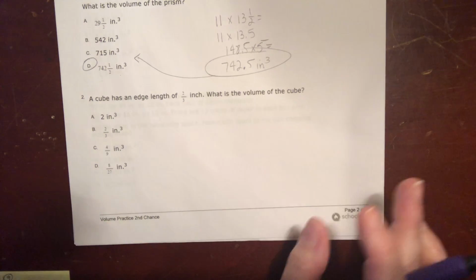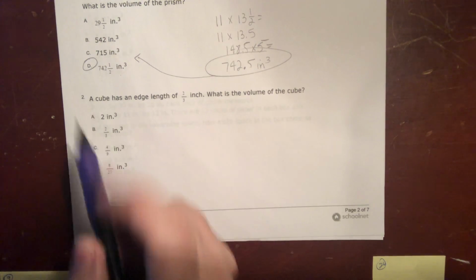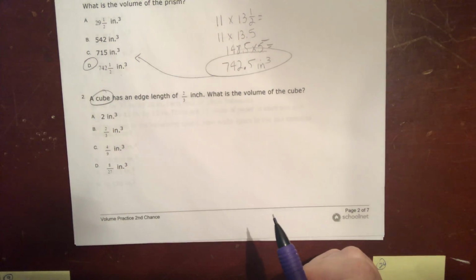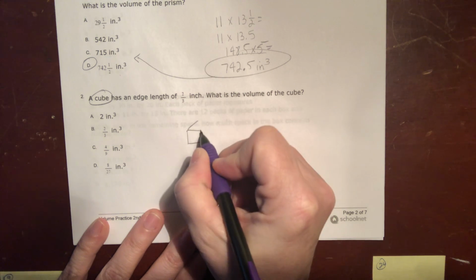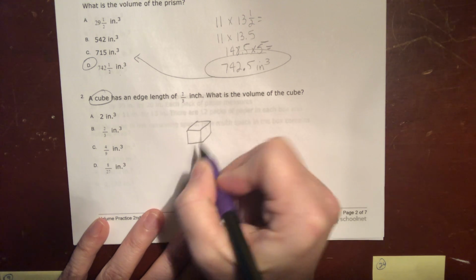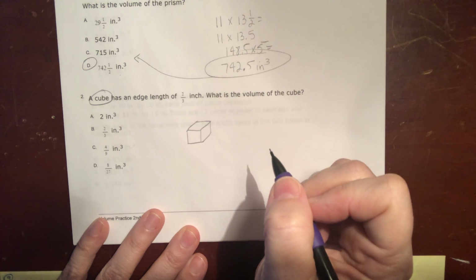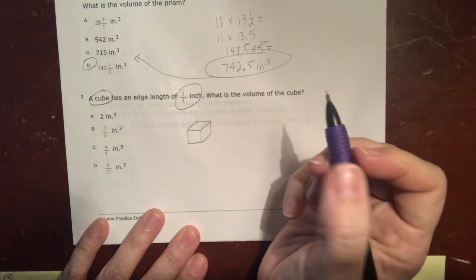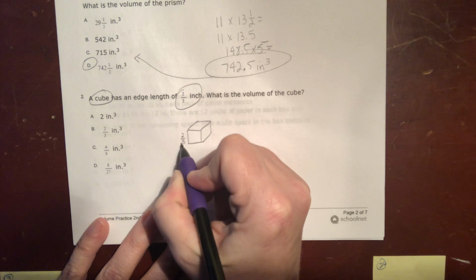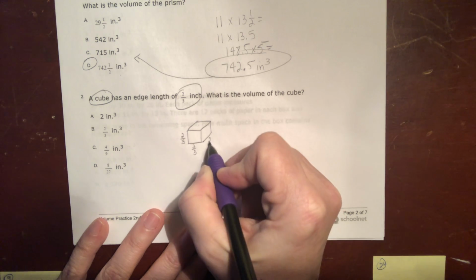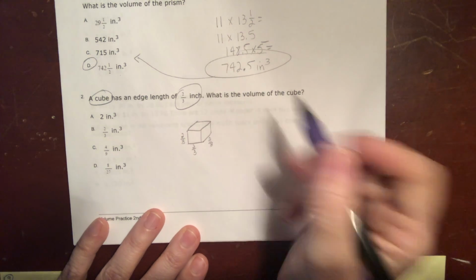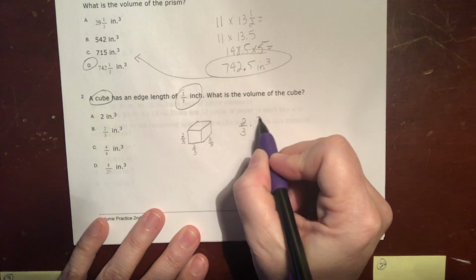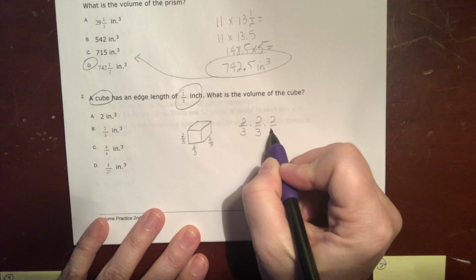All right, let's look at number 2. A cube, so we have to talk about what a cube is, has an edge length of 2/3 inch. What is the volume of the cube? So a cube is a right rectangular prism, but it's special because all the faces are squares. So once we know that an edge is 2/3, we know that this is 2/3, and this is 2/3, and this is 2/3. Length times width times height: 2/3 times 2/3 times 2/3.